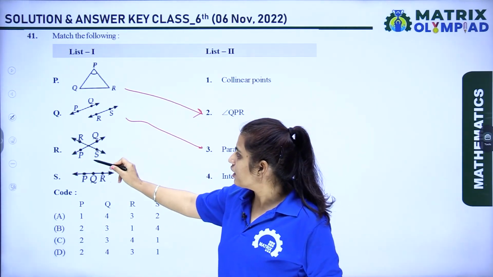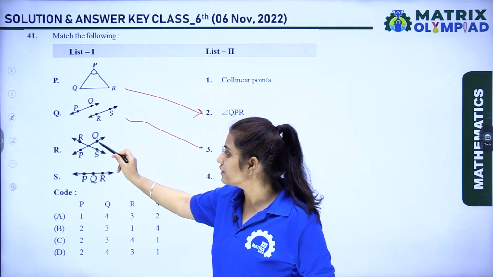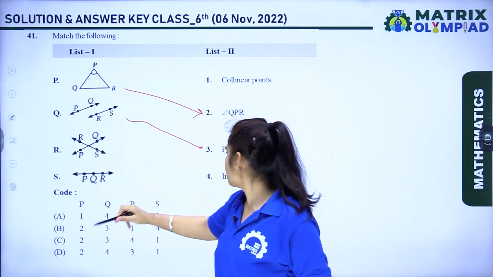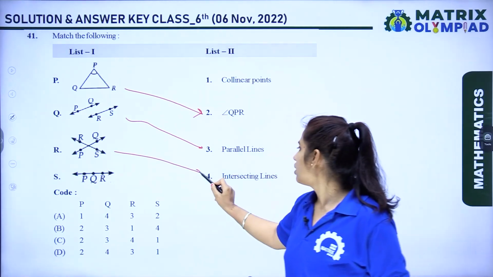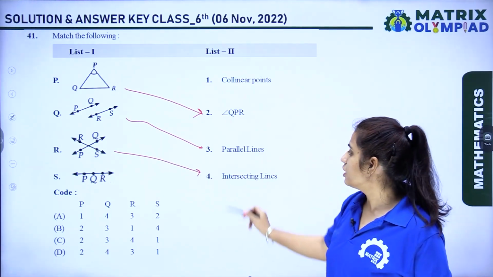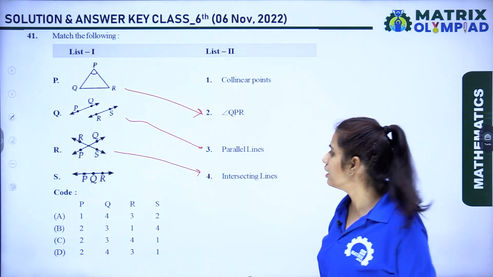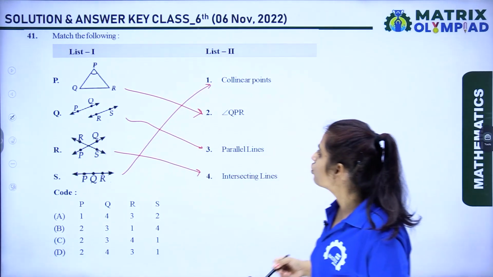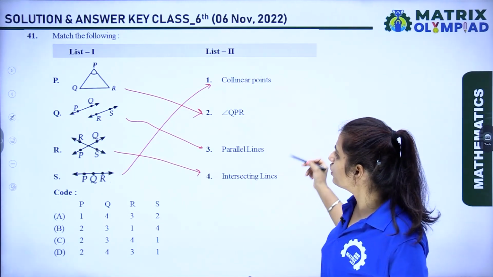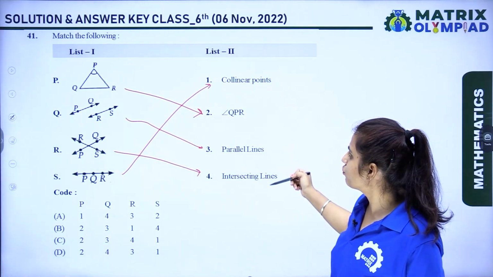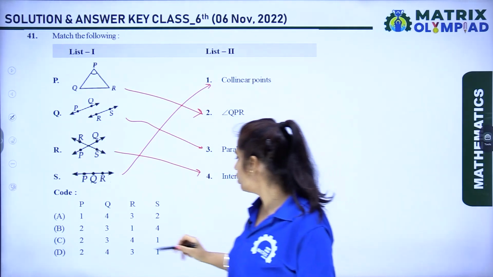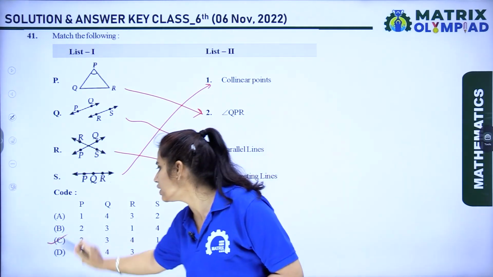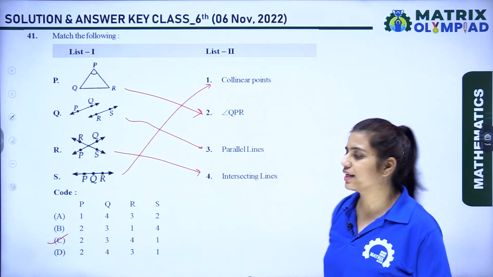In list 1, RS is intersecting line QP. So point R is representing intersecting lines and S is a collinear point. So the answer will be 2, 3, 4, 1. Let's check. 2, 3, 4, 1 is in the C option.